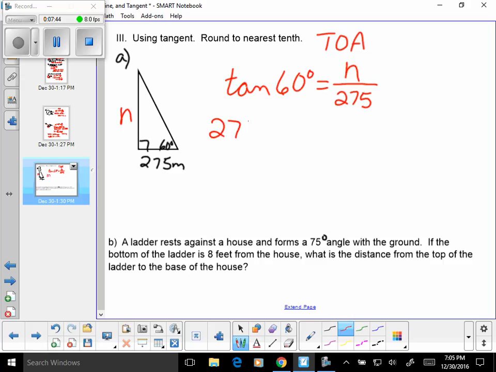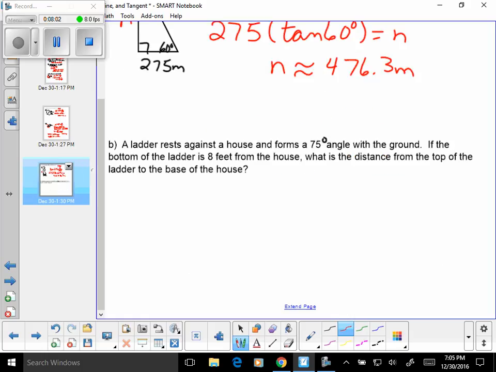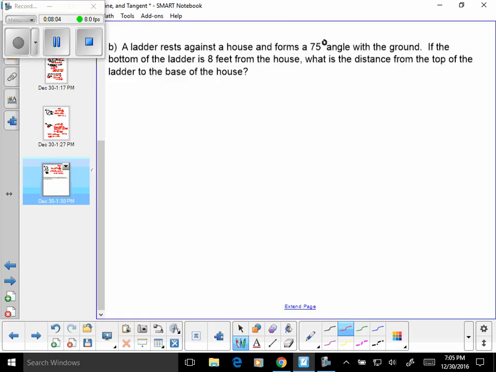Multiplying, I will get 275 times the tangent of 60 degrees equals n. And when I push that through my calculator, I should get 476.3 meters.